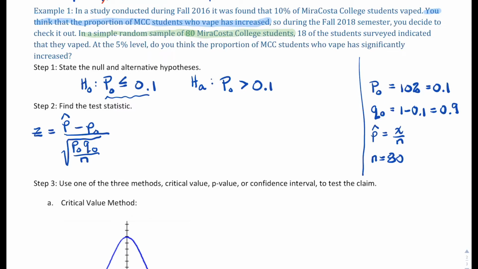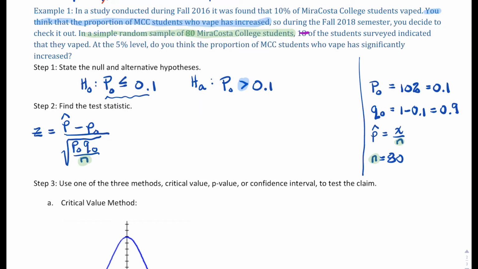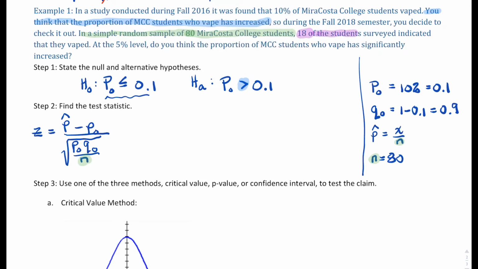Okay? So that'll be in all of these. And this is why we put the greater than, because of the other blue highlight. And so now, let's check it out. What would my X be? Beautiful, 18, right? 18 of the students surveyed indicated that they vaped. That's going to be our success measure.